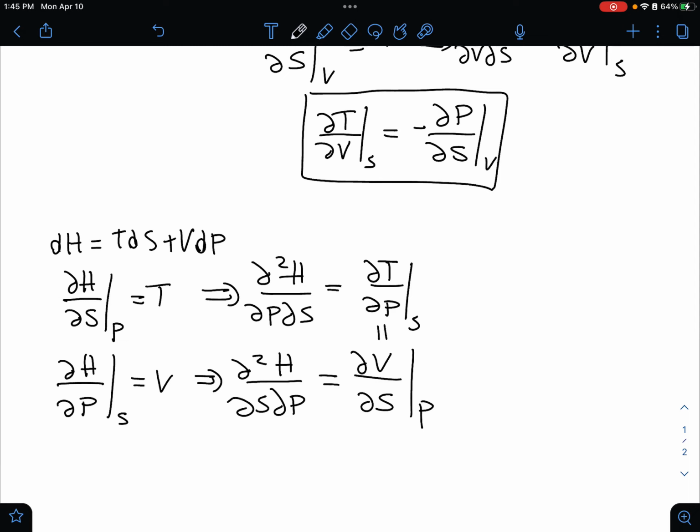So our second Maxwell relation is going to be dT dP at constant S equals dV dS at constant P.